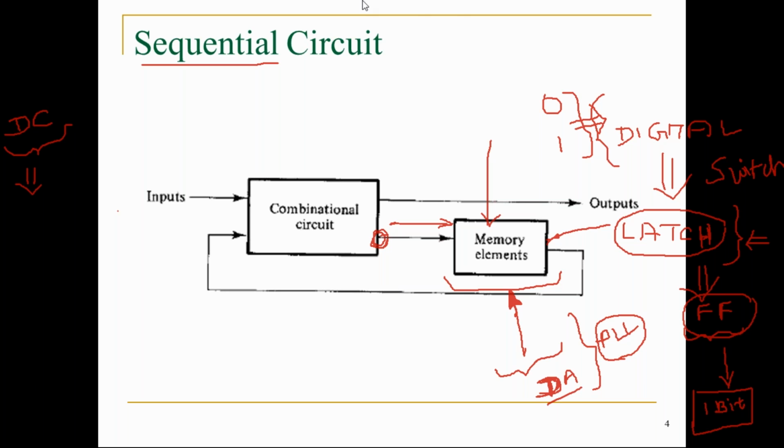But anyhow, from this block diagram representation, what is your understanding? It has one memory element for making the analysis of an earlier response in the combinational circuit. This particular process is called a sequential circuit.